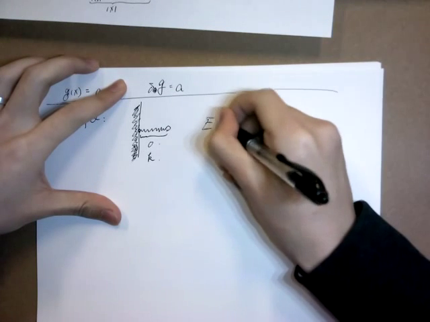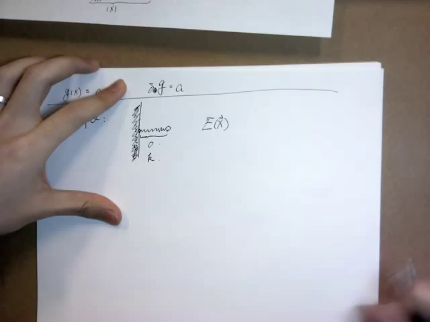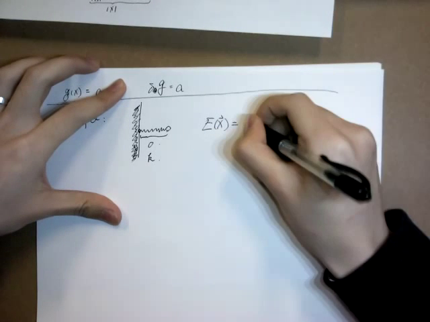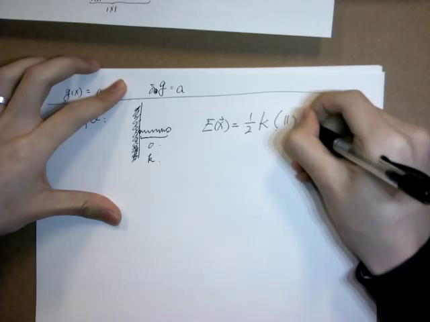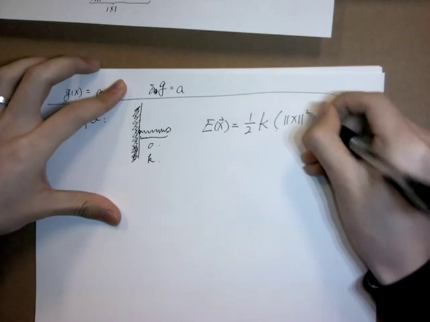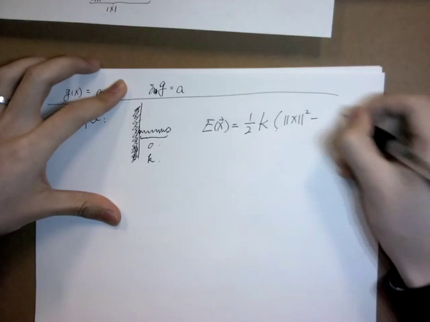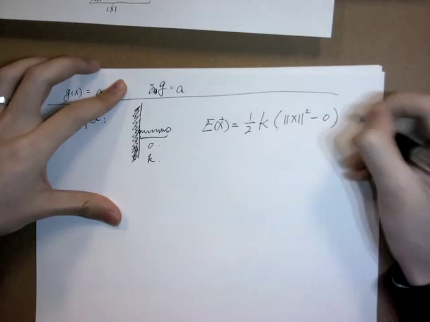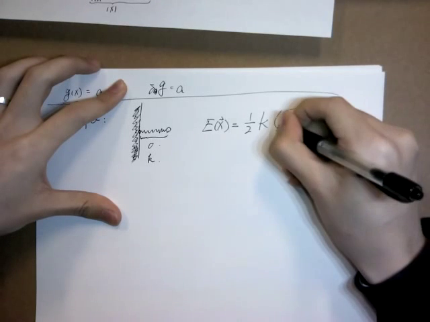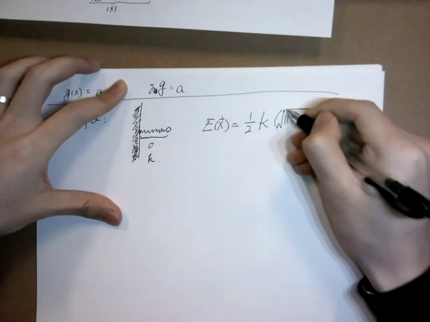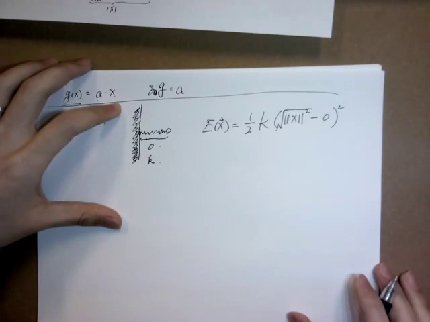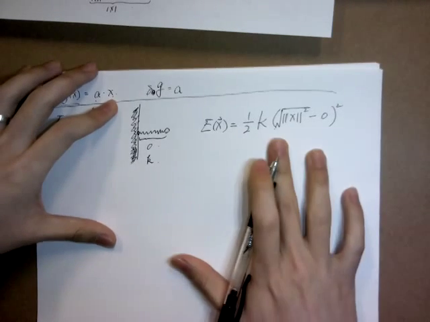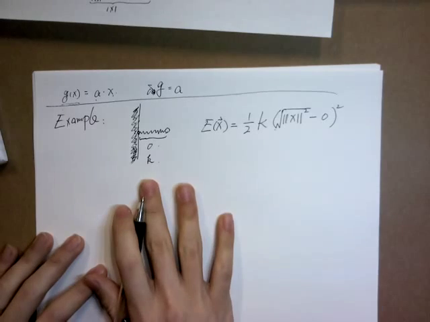And defined by Hooke's law, E(x) can be seen as 1/2 of k multiplied by the norm of x squared minus the rest length of the spring, which is 0. This is the norm of the vector x, squared. All right. So this is basically the definition of Hooke's law.